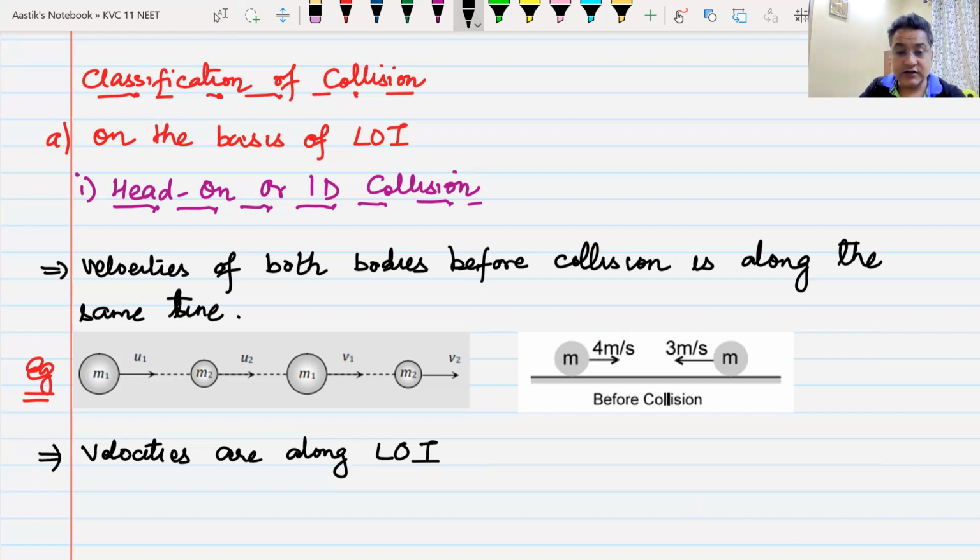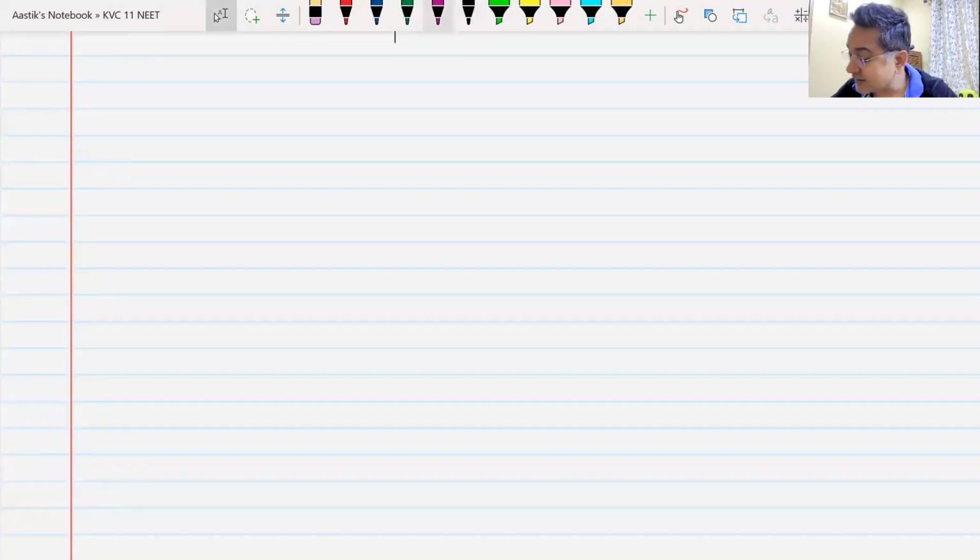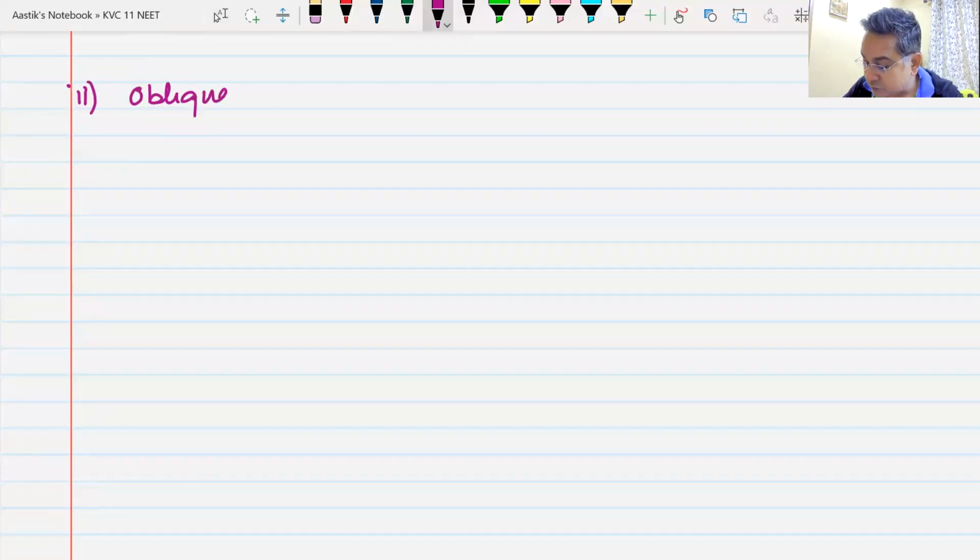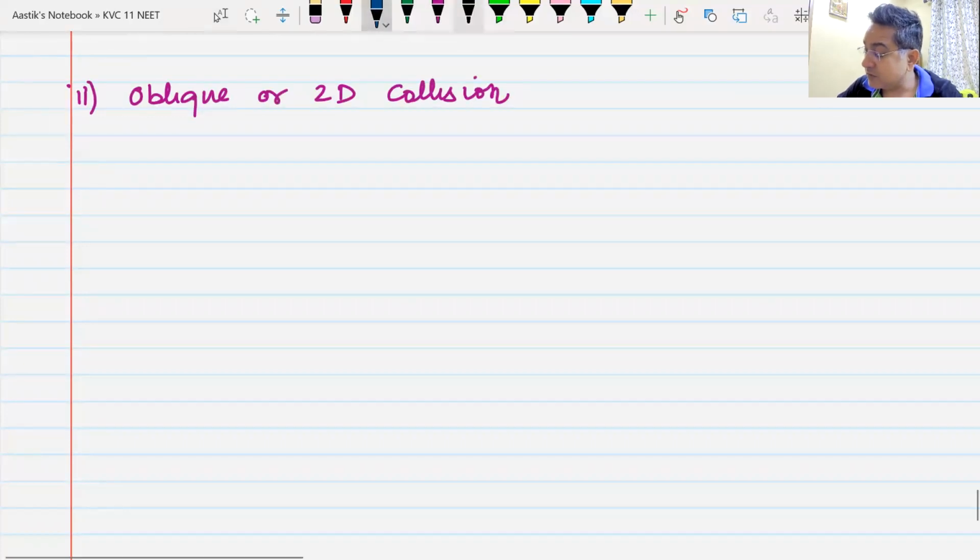Has everyone noted this down? Okay, that takes us to the second type of collision, and that is known as oblique, or you can call it a two-dimensional collision. Now, what is this two-dimensional collision or an oblique collision?